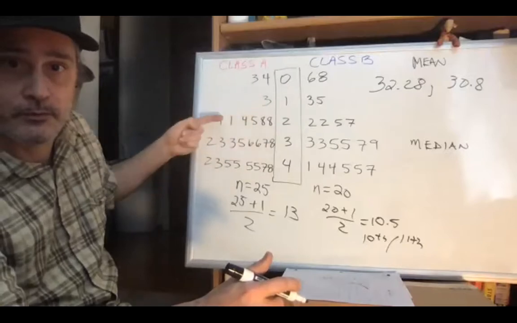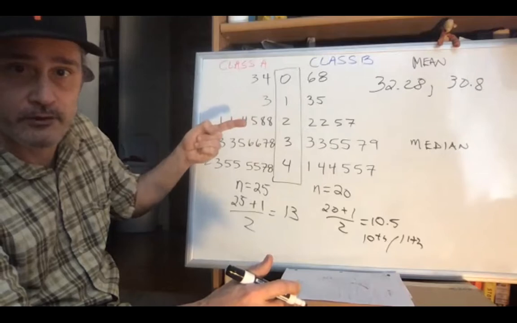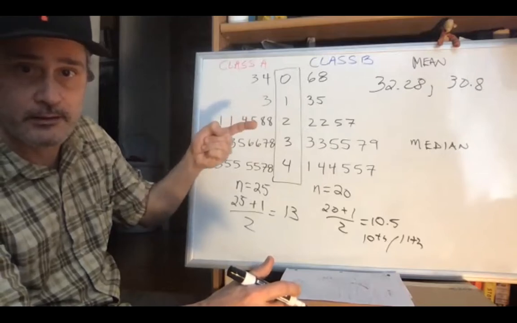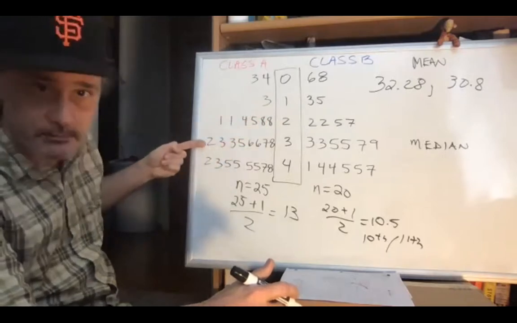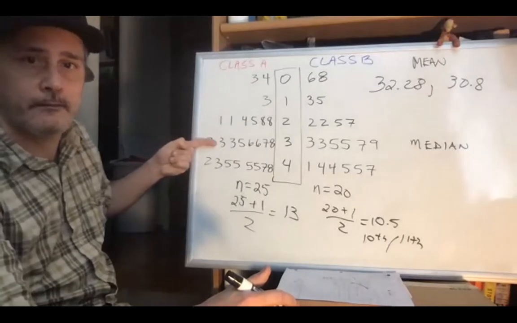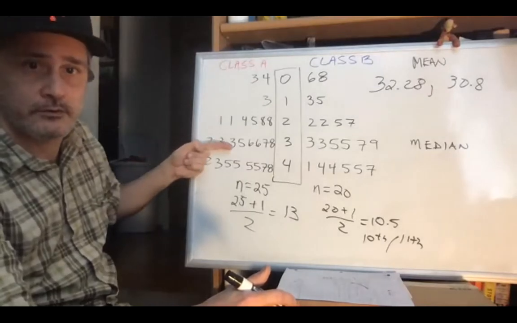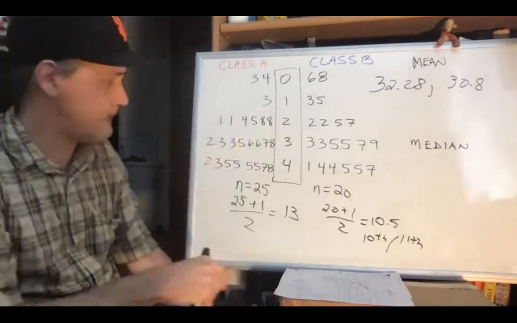So the third number, fourth number, fifth number, sixth number, seventh number is 25, eighth, ninth. Okay, so the 10th number would have been 32, right? 11th, 12th, 13th number is 35.